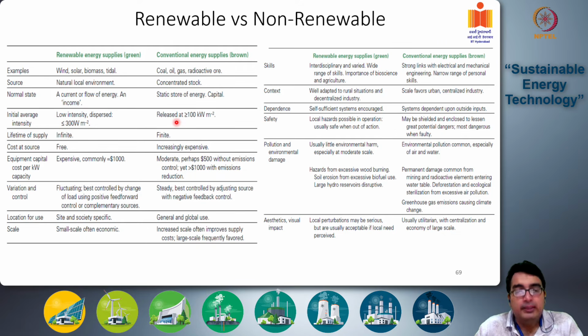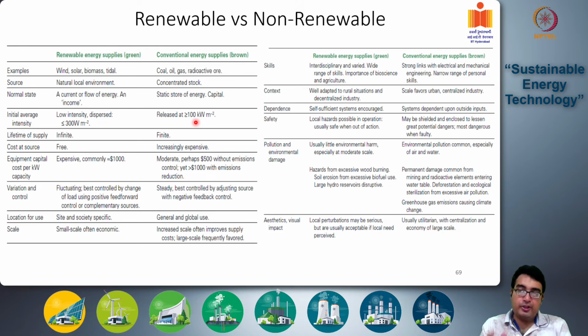Whereas the energy present in this concentrated stock of fossil fuel or uranium ore is much larger. When you burn a fossil fuel, you are releasing more than 100 kilowatts of energy per square meter of that fuel being burnt.